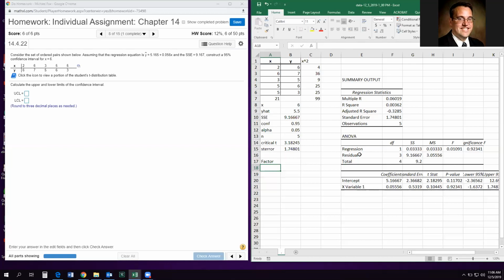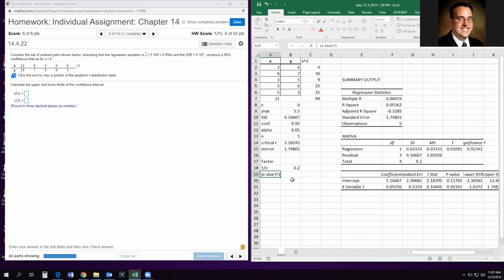So the first part of it is 1 over n. That's pretty easy, right? Because it's just going to be 1 divided by our n. The second part is our x minus x bar squared. And again, that's not too bad.